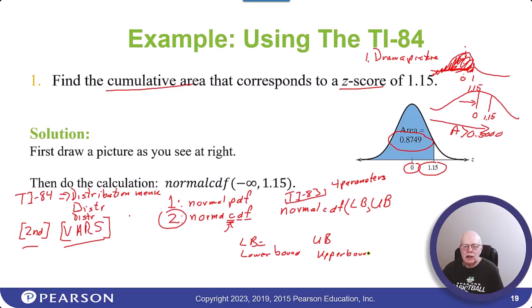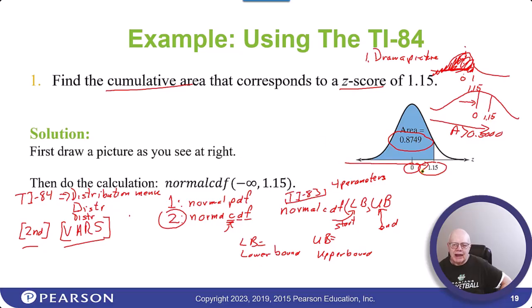That is where you want the calculator to stop and add up everything that it's accumulated up to that point. So think of the lower bound as being the start and the upper bound being the end. So what we need is we want everything up to 1.15.